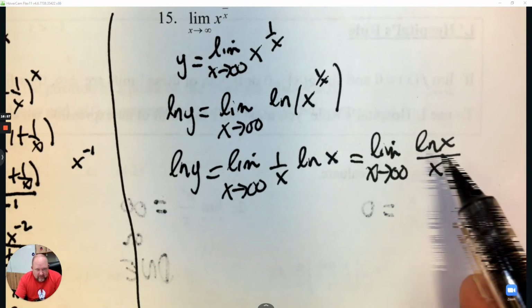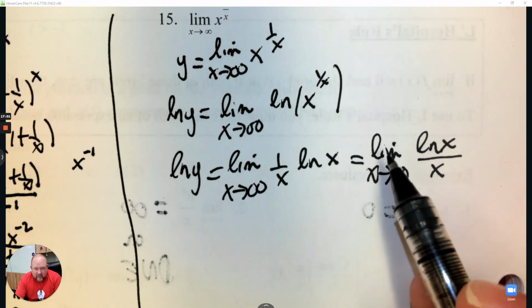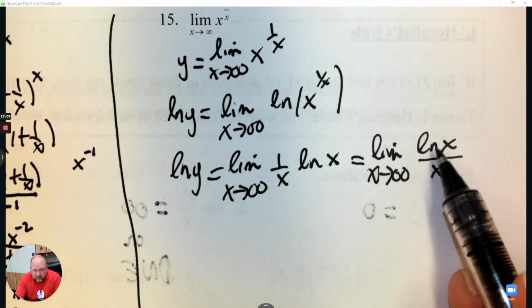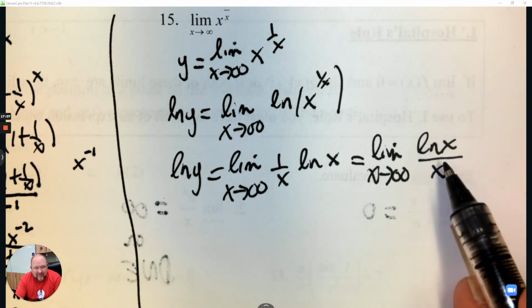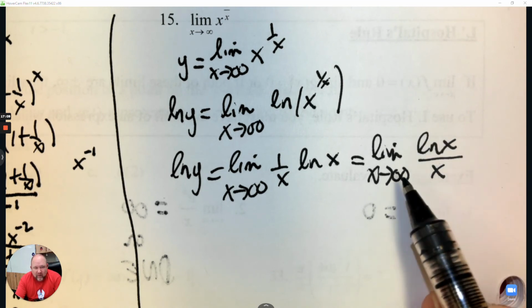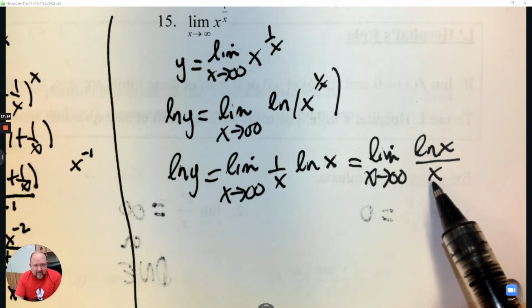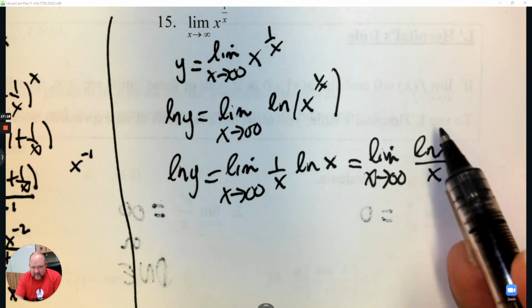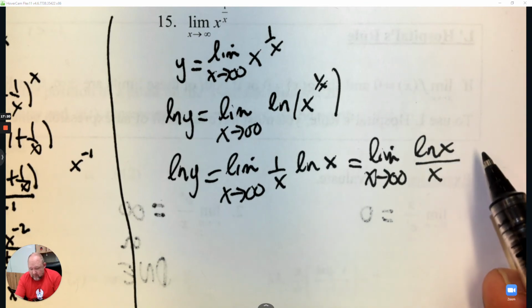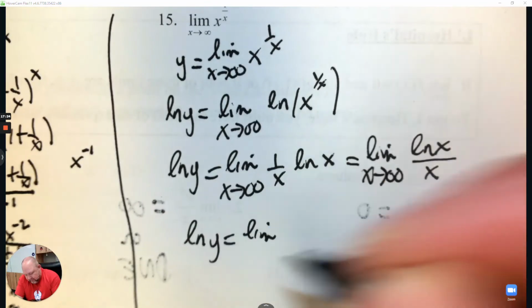The numerator is going slower than the denominator. So as I put in 100, 200, 1,000, a billion, a trillion, the denominator is increasing at a faster rate than the numerator. So this is going to 0. If I did L'Hopital's rule, you could also see it that way.